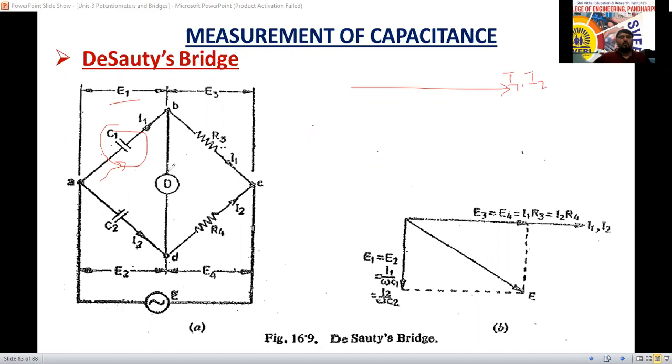For the capacitive load, does the current lag or lead? Lead. Current leads the voltage. So the voltage drop across this is E1. Current leads means the voltage should be on the downside, so we take it at 90 degrees.